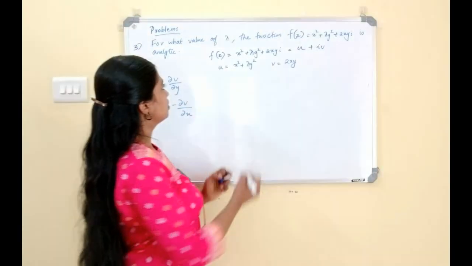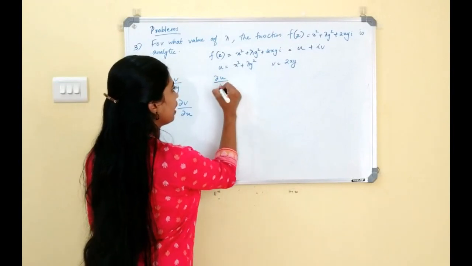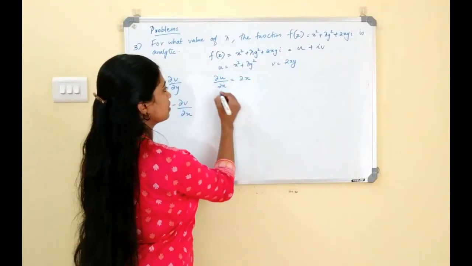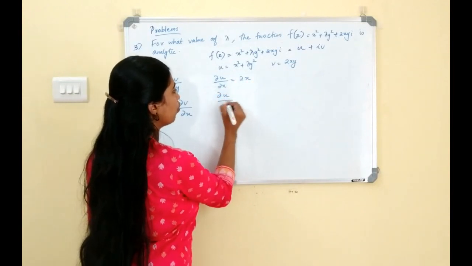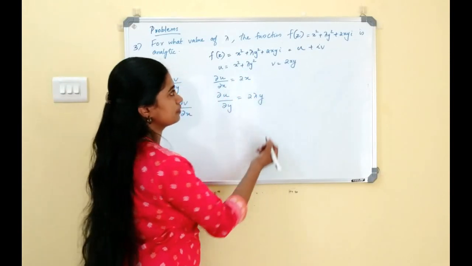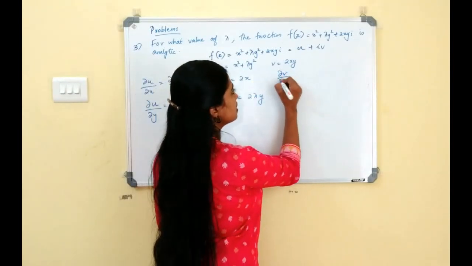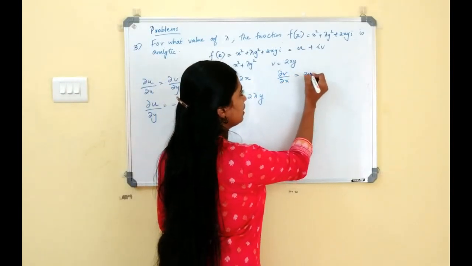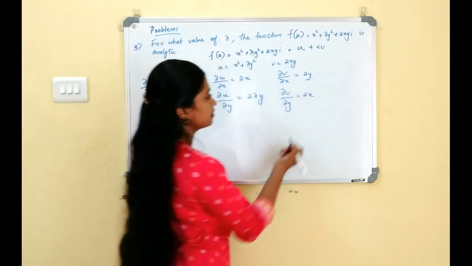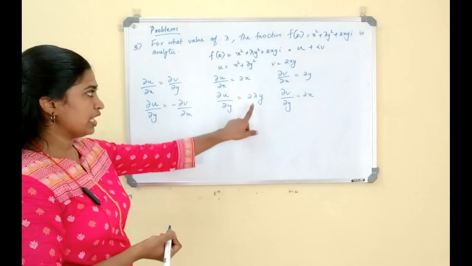So we have to find dou u by dou x. Dou u by dou x is 2x. Dou u by dou y is 2 lambda y. And dou v by dou x is 2y, and dou v by dou y is 2x. So we have to find lambda.